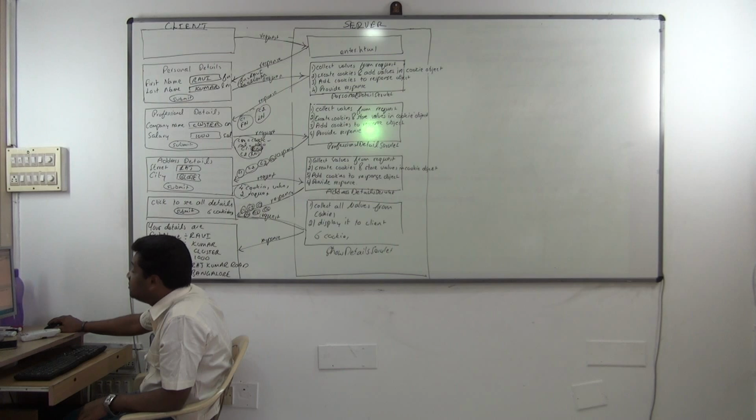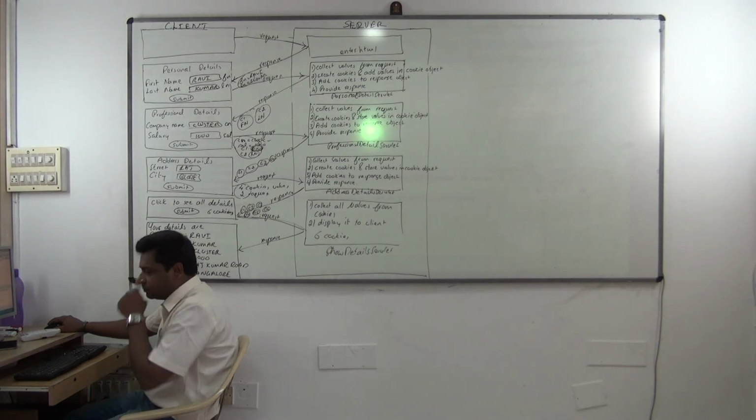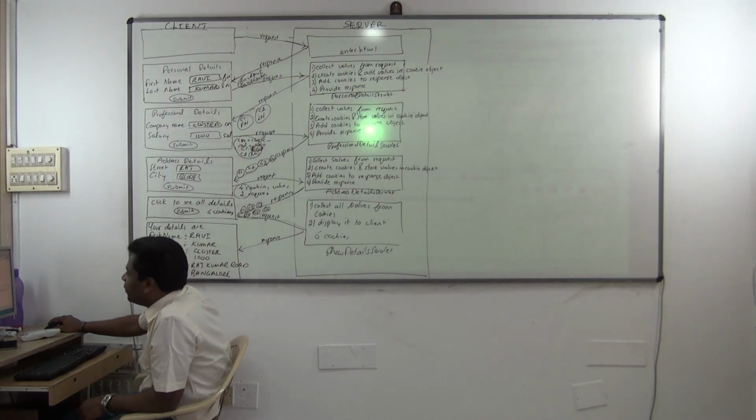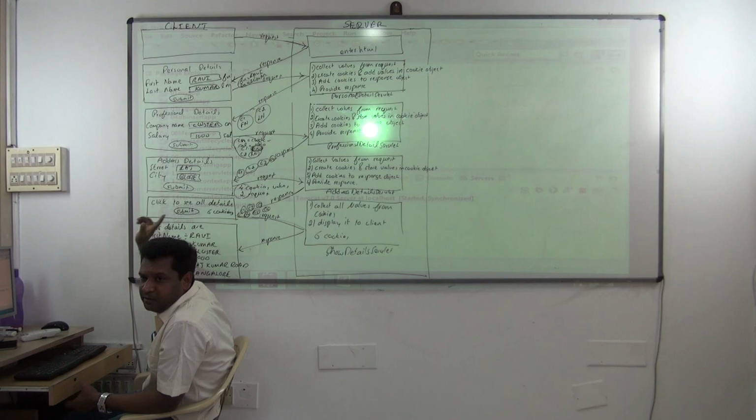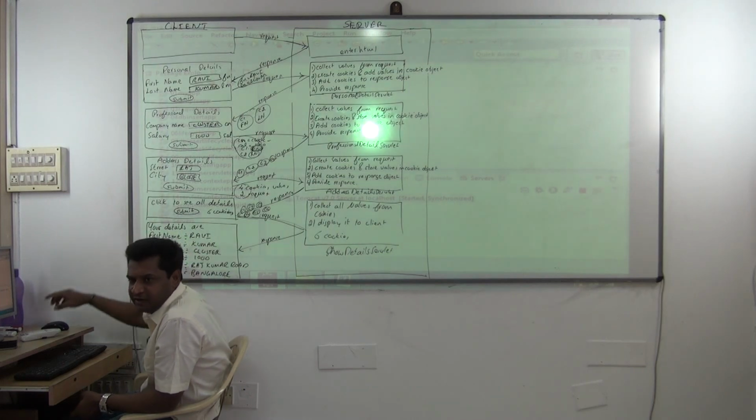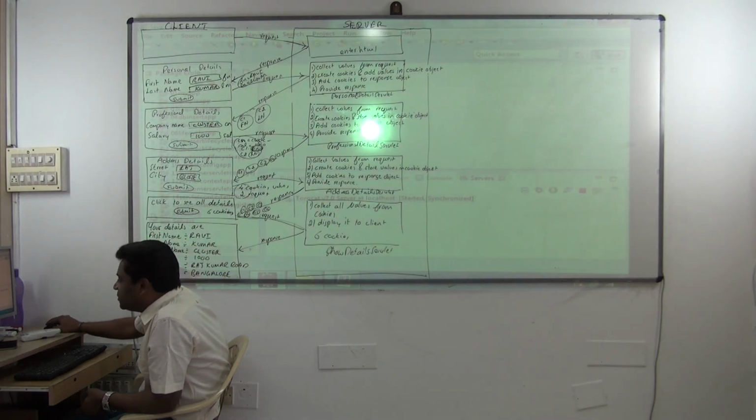First see the code, the 16th example I'll be going now. Until I clear this diagram it will be a bit of a problem. First let me get one output, then I'll clear this. So 16th example, this is the enter.html.